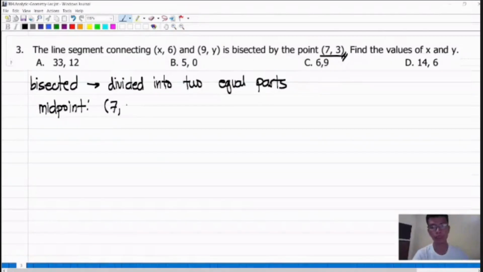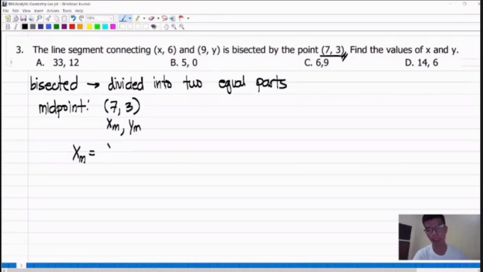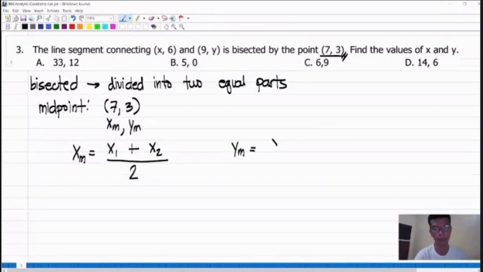So, meron tayong formula. X sub m is simply the sum of the two endpoints or the two x coordinates of the endpoints, x sub 1 plus x sub 2 divided by 2. Samantalang yung y sub m naman is the sum of the two y coordinates, y sub 1 plus y sub 2 divided by 2.